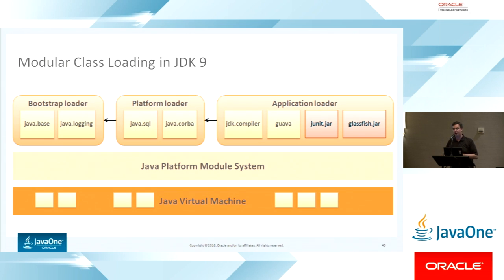As you might guess, the VM always allows access to public classes in an unnamed module. This all means that every class is a member of a module. Even classes in the jar files on the class path, junit.jar and glassfish.jar, are members of a module. It's meant to be the 7th box in the VM on the right. And if you have a class object, the getModule method will always return a sensible module object.